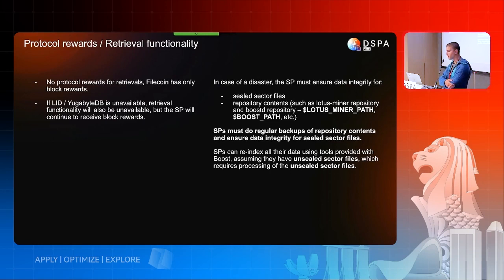Looking at the indices, SPs can reindex all of their data, assuming that they keep the unsealed sector files. So if you lose your YugabyteDB for one reason or another, you can recreate all the data that it holds, assuming that you have the unsealed sector files. So we don't consider it as critical data at this stage.